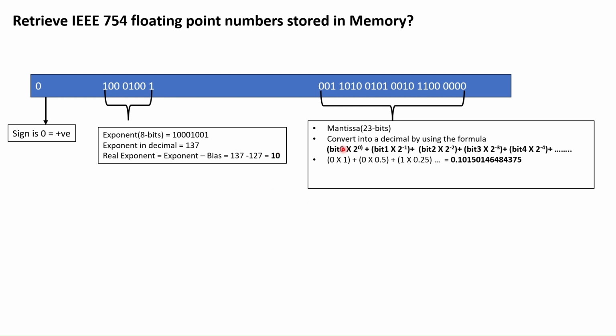How? Taking bits from the right side, bit 0 into 2 power of 0, bit 1 into 2 power of minus 1, bit 2 into 2 power of minus 2, like this, and I will add all of these. 2 power of minus 1 is 1 by 2, that is 0.5, and 2 power of minus 2 is 1 by 4, that is 0.25, like this.